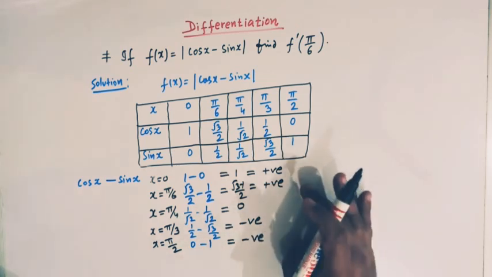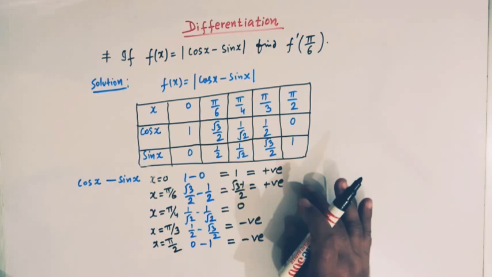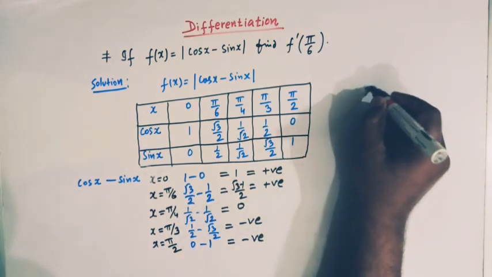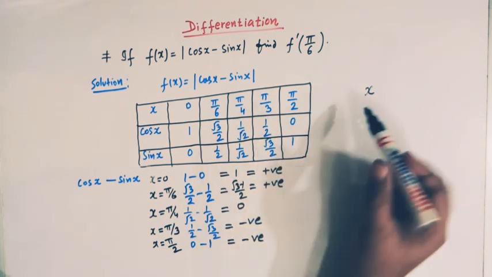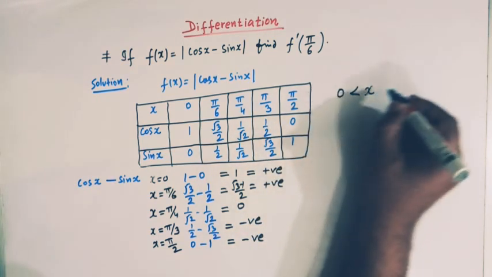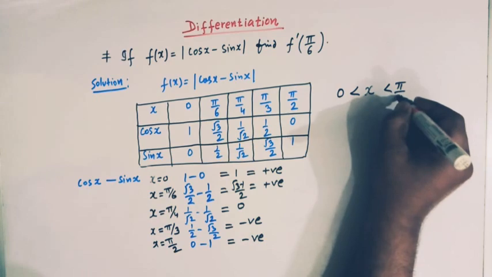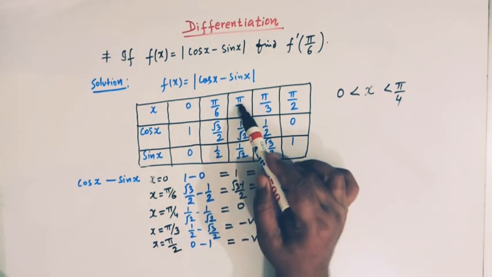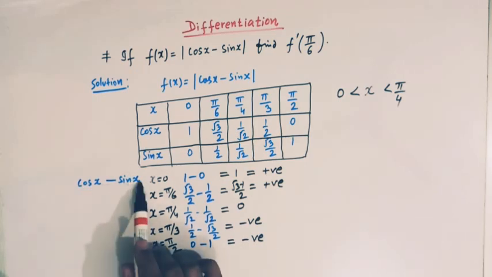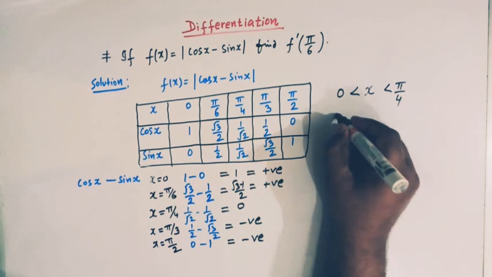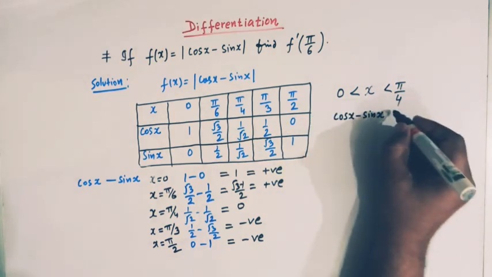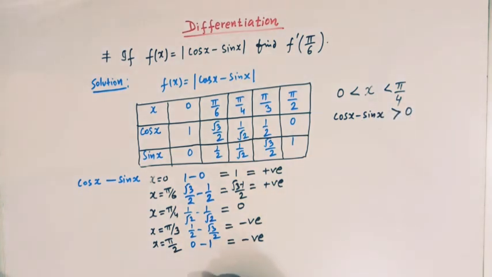So we come to the conclusion that when x lies between 0 and π/4, this difference cos x − sin x is a positive quantity.